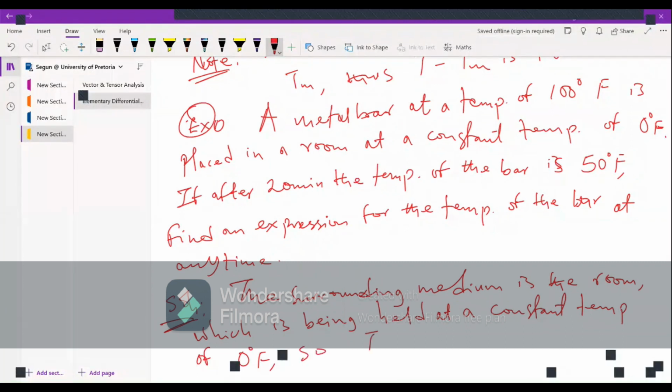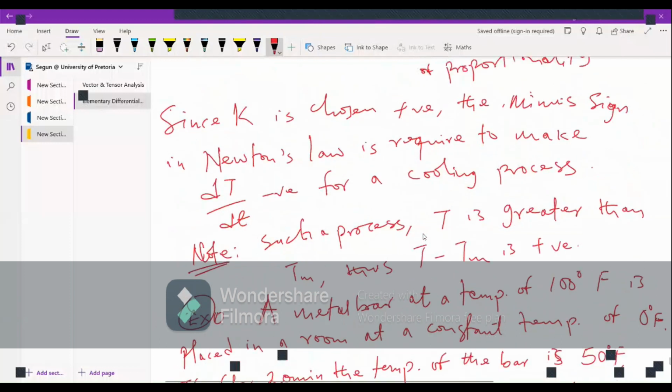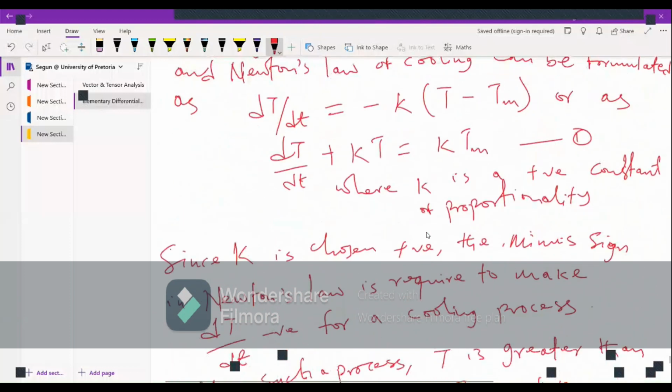So Tm equals 0. Remember what we call Tm from here. What do we call Tm here?